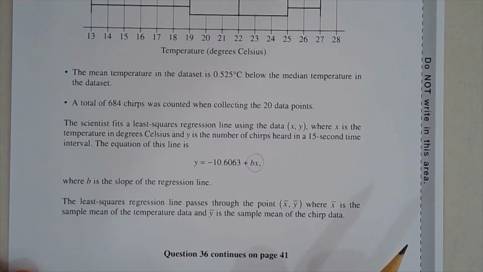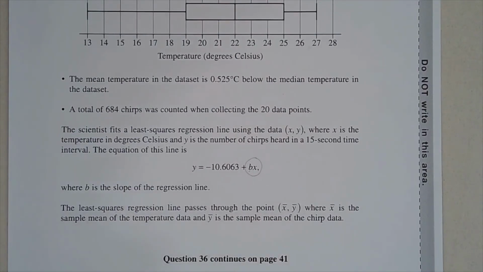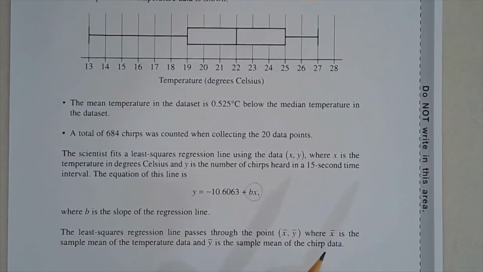Working backwards even further, in order to calculate b, we need x bar and y bar. Now, x bar is the average temperature. Let's go to the box and whisker plot.